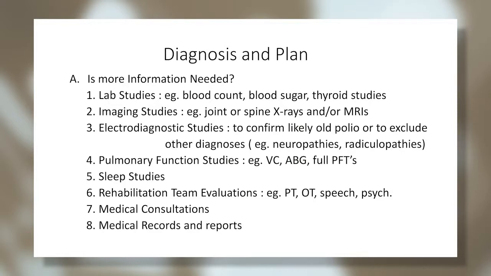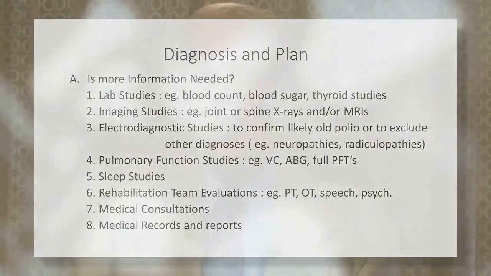And again, these may be a straightforward vital capacity that people can do in their offices, or they need to be more comprehensive, including maximum breathing capacities. Frequently, for people that have significant scoliosis, chest involvement, or breathing complaints, history of bulbar polio, we need to get sleep studies because it's so common that people have sleep apneas and nocturnal hypoventilations at night.